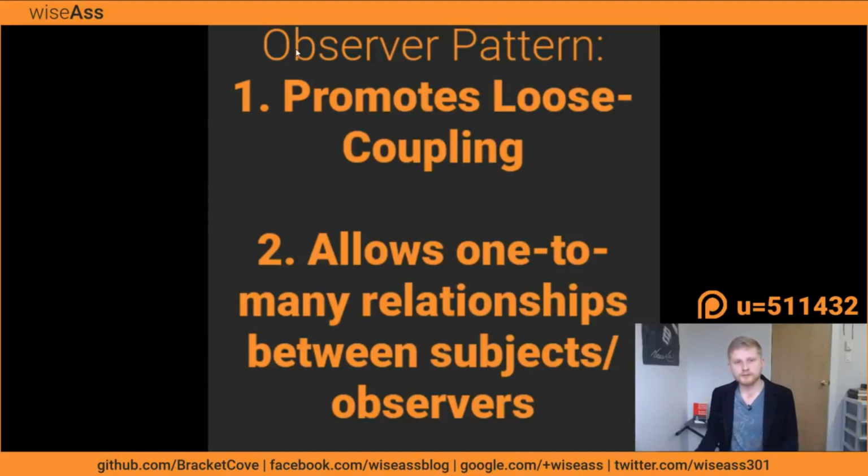But why do we want objects to just sometimes watch each other, or just sometimes be capable of producing events, instead of every object knowing lots of details about each other? The reason is it promotes, number one, loose coupling. What that essentially means is the communication tethers between various objects are quite loose.